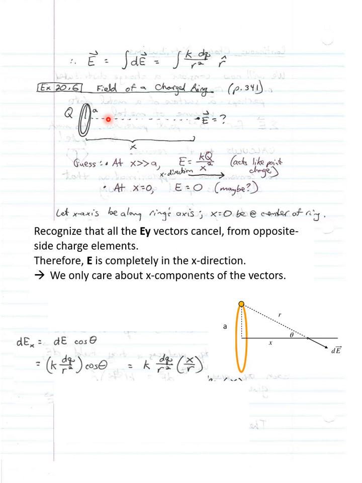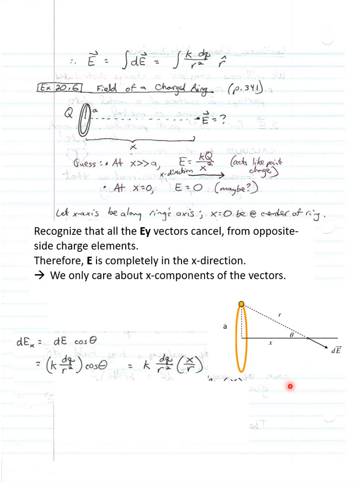The charges above it are going to have an electric field pointing downward. The charges below it are going to have an electric field pointing upward. And since it's all symmetric, those are totally going to cancel each other out. All that's going to be left is the x component. So the electric field is going to be completely in the x direction. We only care about the x components of the vectors.